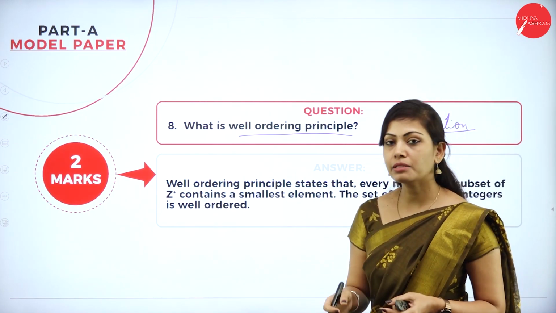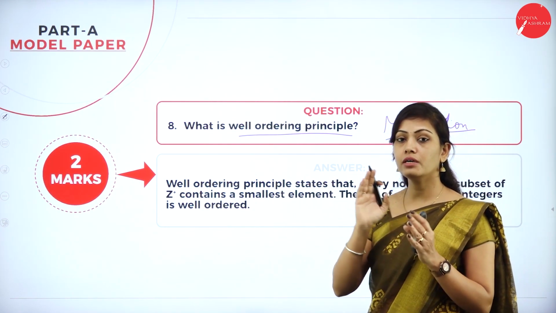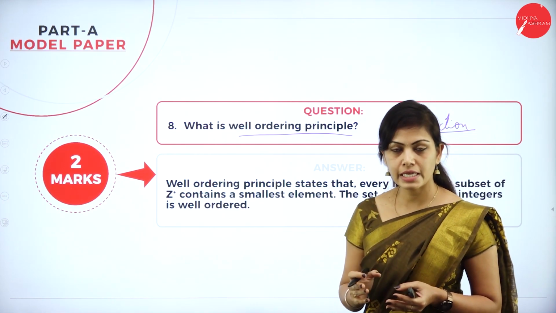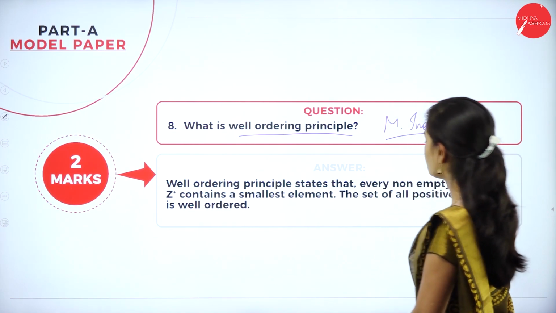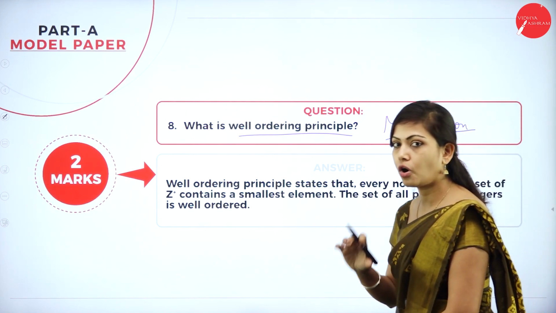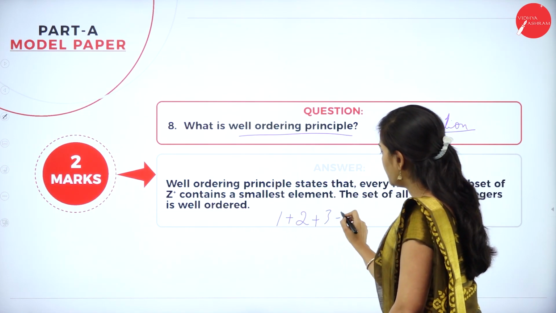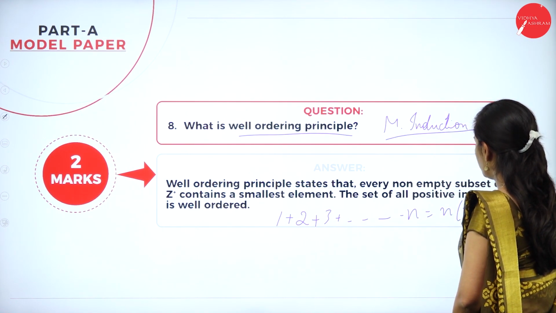For example, in mathematical induction, you are proving that a statement is true for the set of all positive integers, right? So S of n is true, K is true and K plus 1 is true. Here the set of all positive integers is well-ordered. For example, 1 plus 2 plus 3 plus up to n is equal to n into n plus 1 by 2.